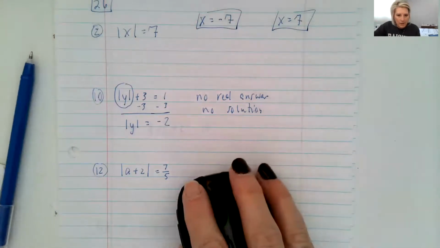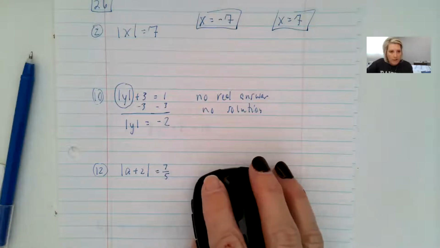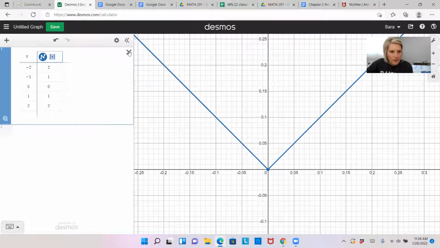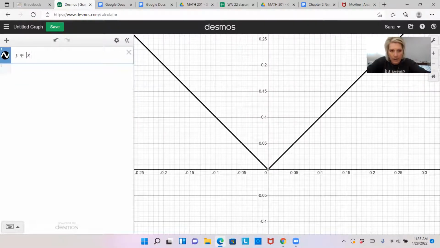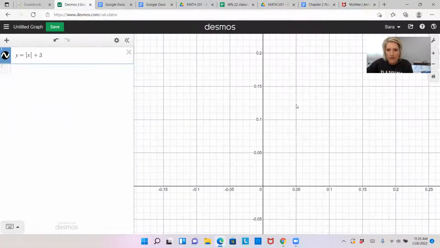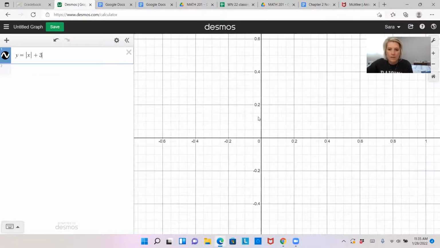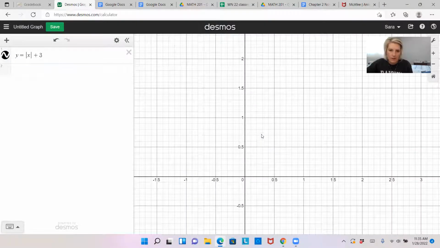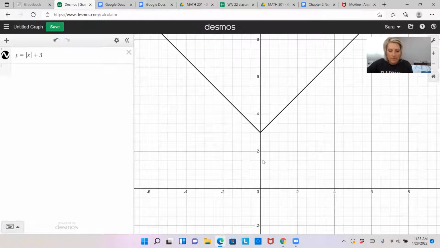It'd be fun to show you that in Desmos so that you can see. If I put in y equals the absolute value of x plus 3, there's the graph.